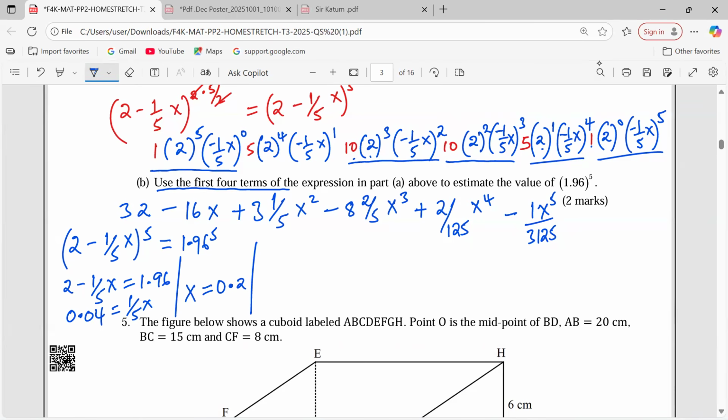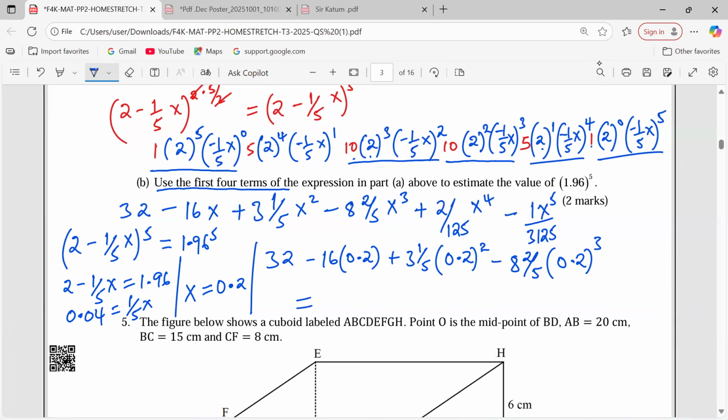So now applying this in the first 4 terms, we shall start with 32 minus 16 into 0.2 plus 3 and 1 over 5 into 0.2 squared minus 8 and 2 over 5 into 0.2 power 3. When we compute these, we shall have our answer.